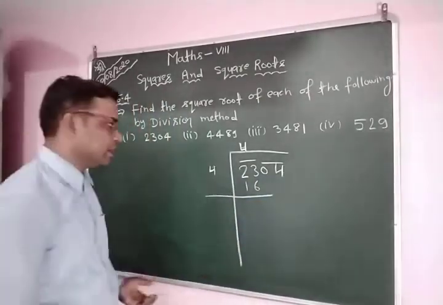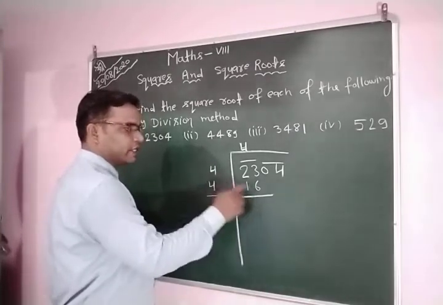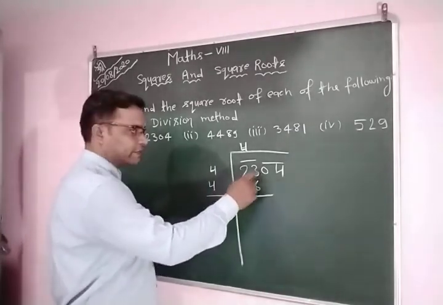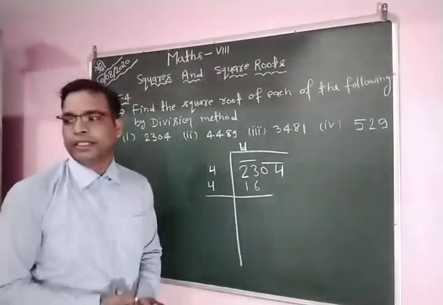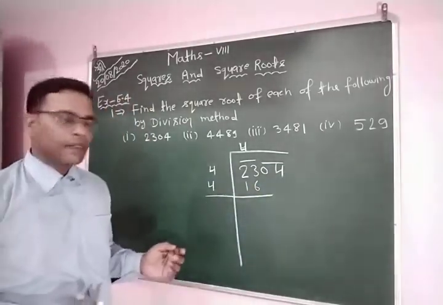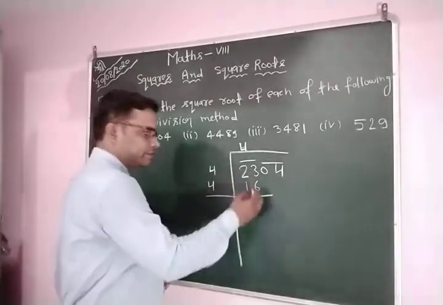Write again 4. 4 4s are 16, and subtract this. If you subtract 16 from 23, you obtain 7.